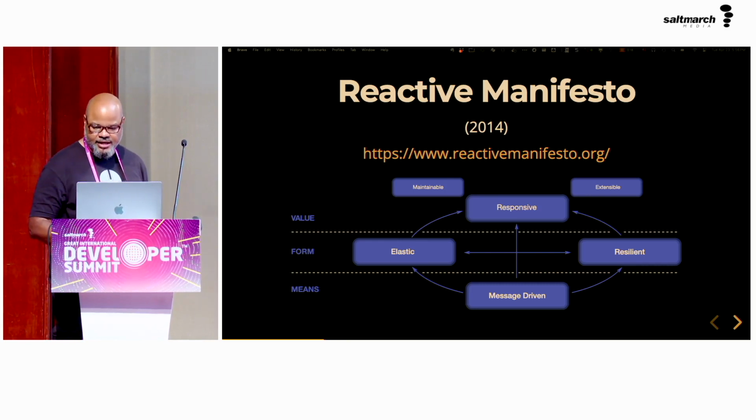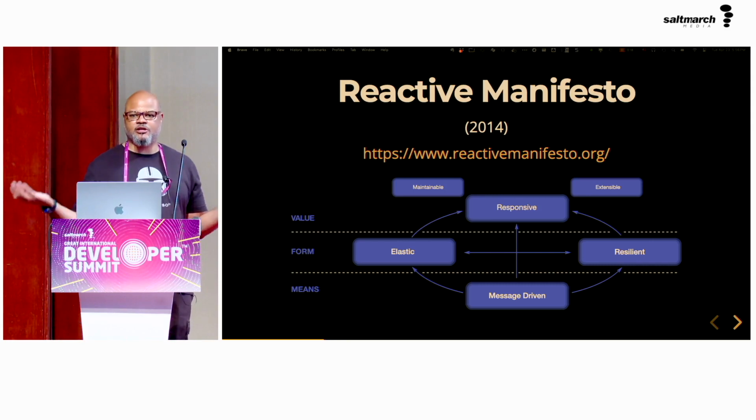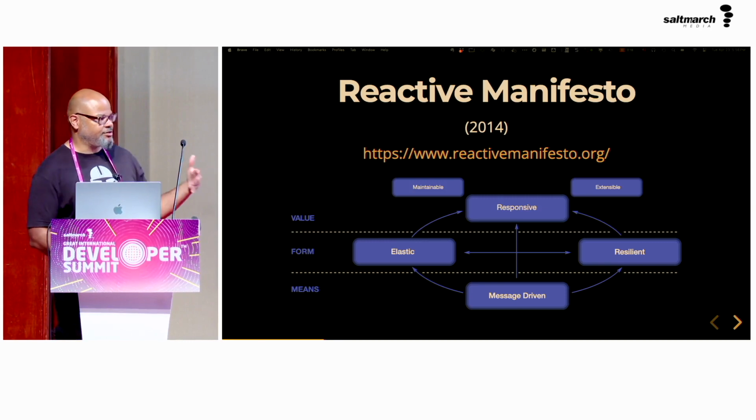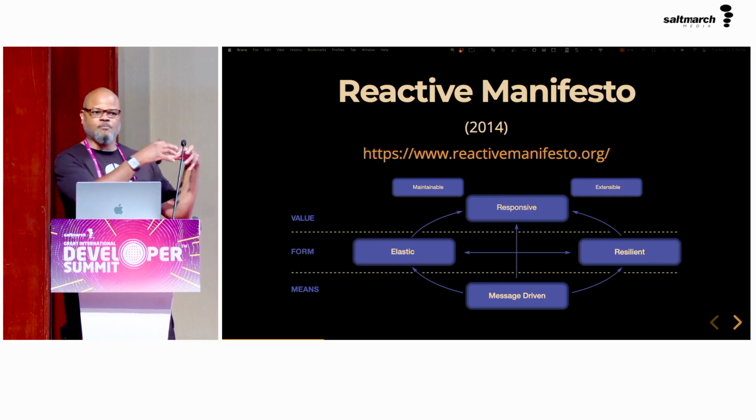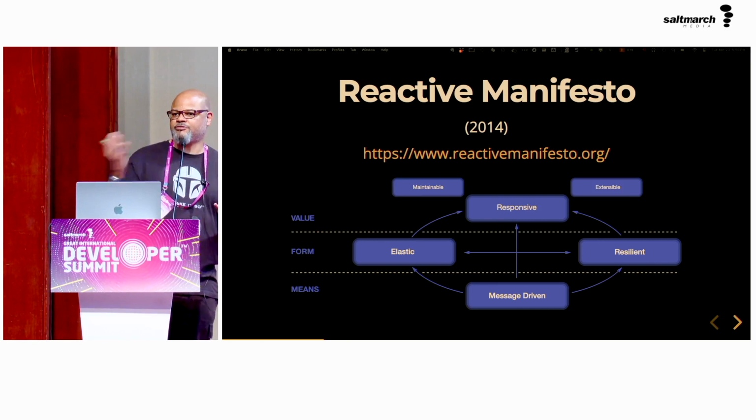Elastic means that it can be responsive even with increasing workloads. And a big tenet of this is message-driven: we send messages throughout the app and then respond. This also works with enterprise systems in general; messages and elasticity work not just for a single microservice, but all the way through the entire system.